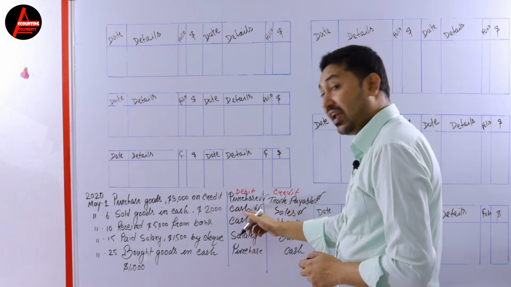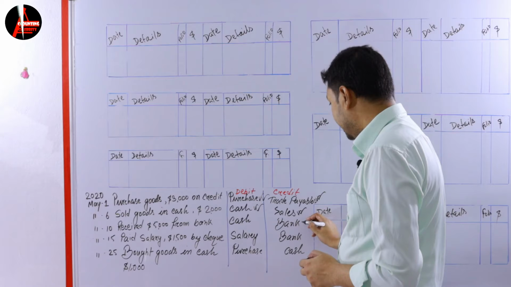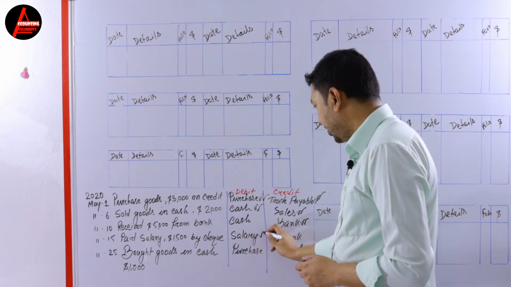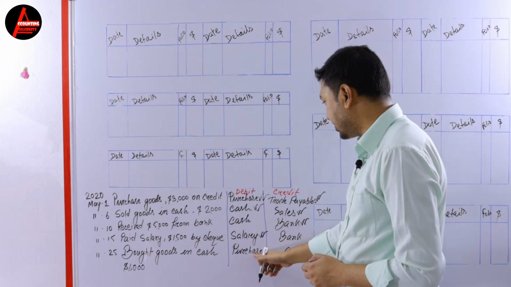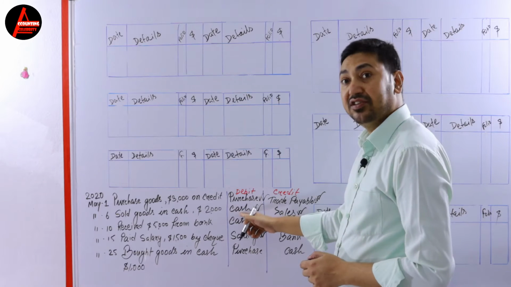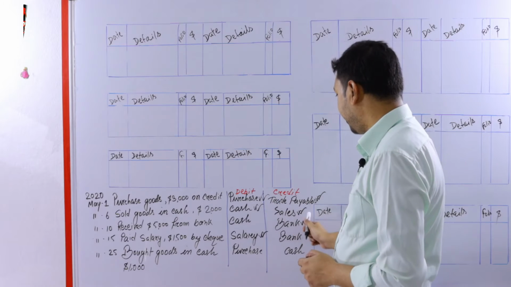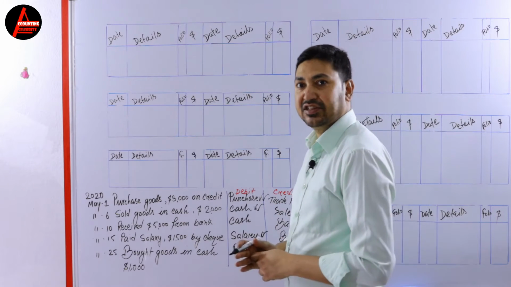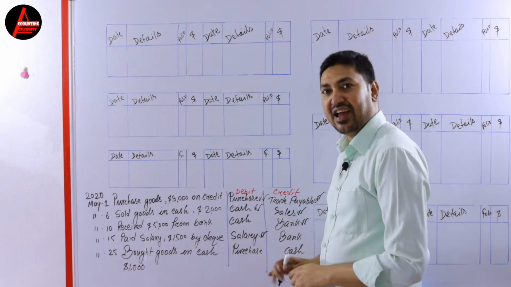Then cash is already taken here, we don't have to count it once again. Bank is here, we need to prepare for bank, and we need to prepare for salary. Bank is taken, purchase is taken, cash is also taken. So 1, 2, 3, 4, 5, 6 total. We have to prepare 6 ledgers from those 5 transactions and 10 accounts.